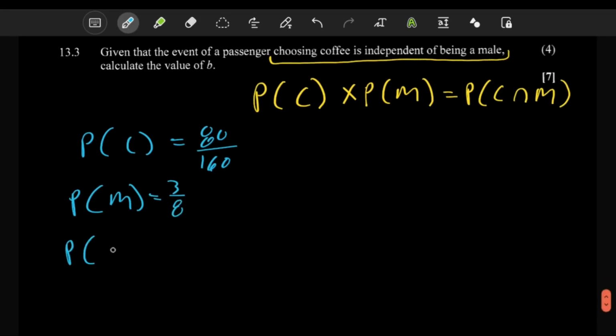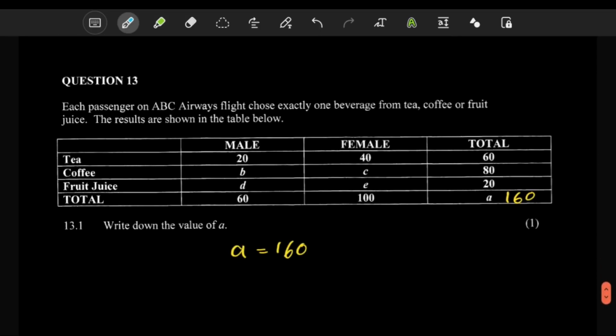The probability of being male and drinking coffee is technically just B over 160.